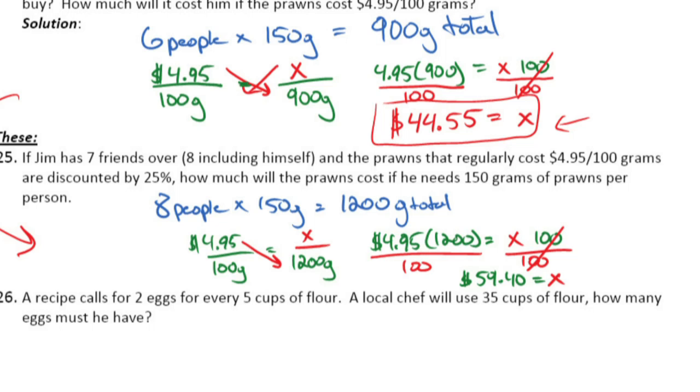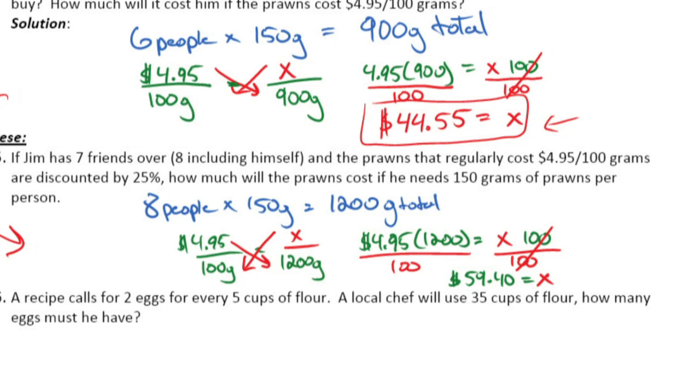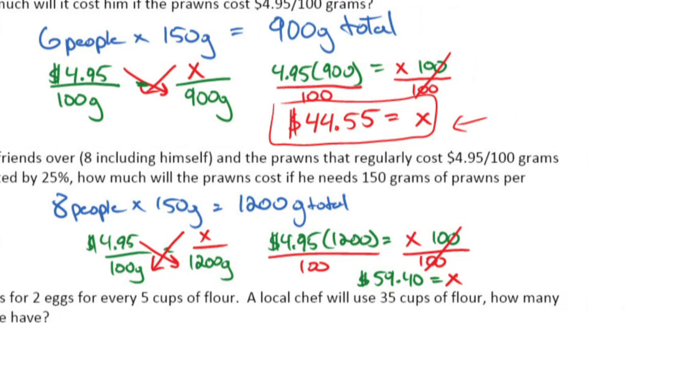All right, so I went kind of quickly through that because it's exactly the same as up above. And I'm just going to slide over a little bit here. So we have $59.40 before our discount.